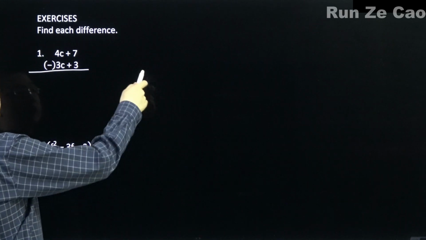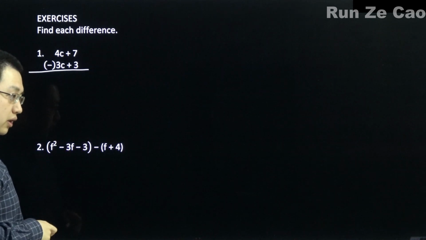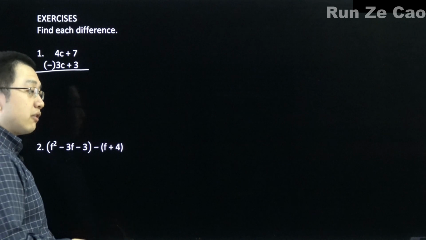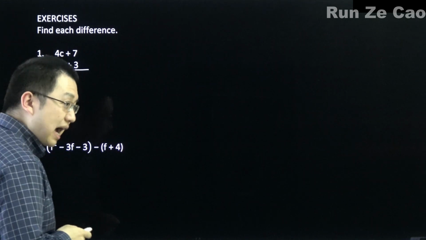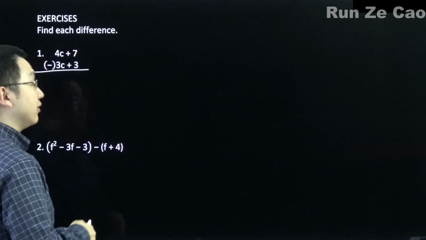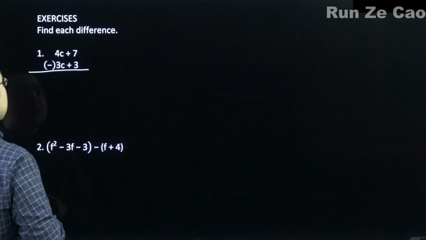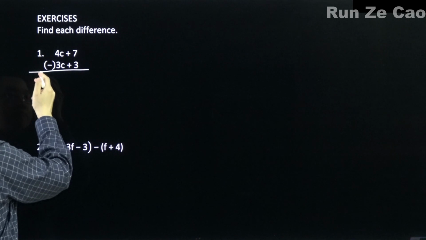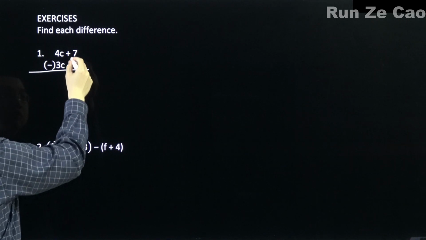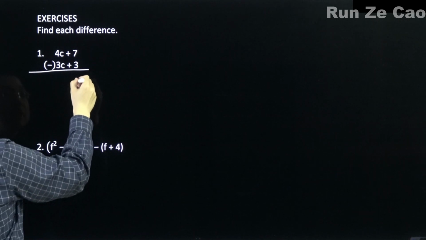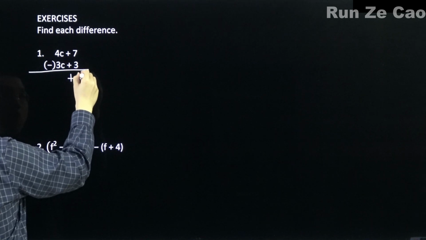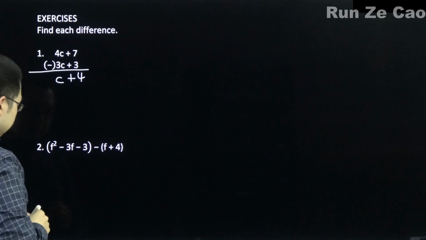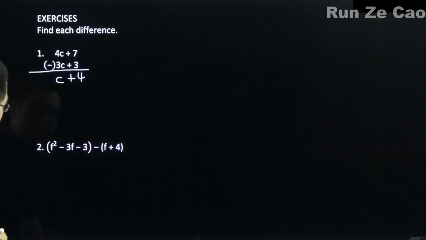You don't have to start with the smallest digit first, because these are like terms. They don't carry over to each other, unlike with regular long addition, long subtraction. So, positive 7 minus positive 3 gives you plus 4, and 4c minus 3c gives you just c.